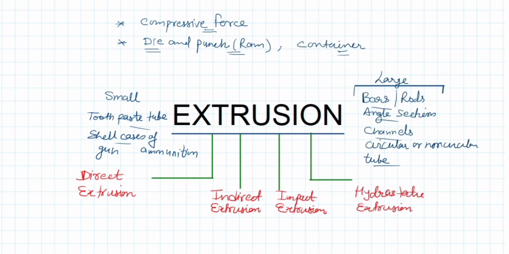So these are the four types of extrusion processes: direct, indirect, impact, and hydrostatic.